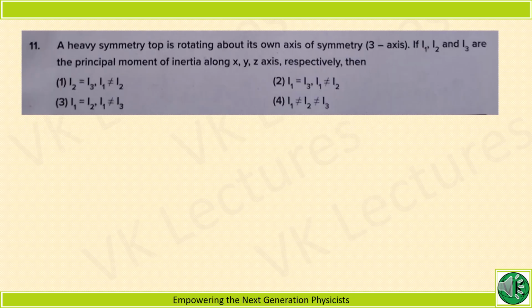A heavy symmetric top is rotating about its own axis of symmetry, having three axes. If I1, I2 and I3 are the principal moments of inertia along x, y and z, then the correct option is option 3, I1 equal to I2 and I1 not equal to I3.